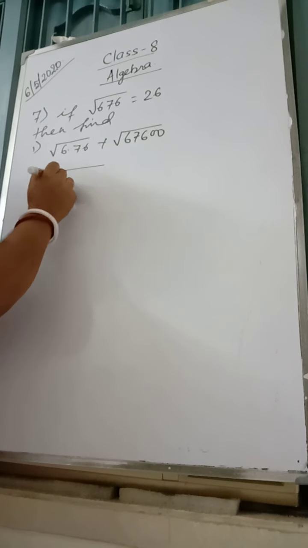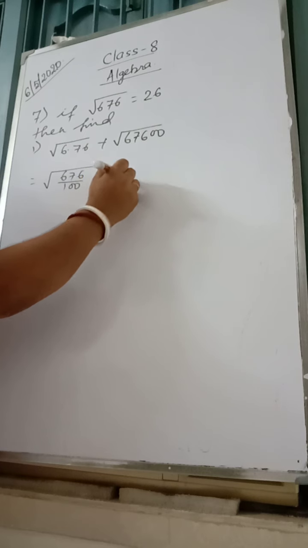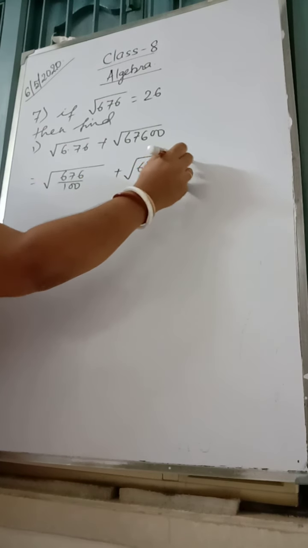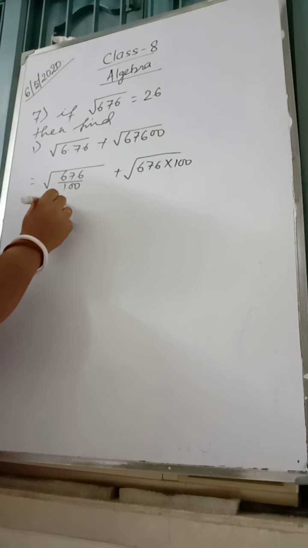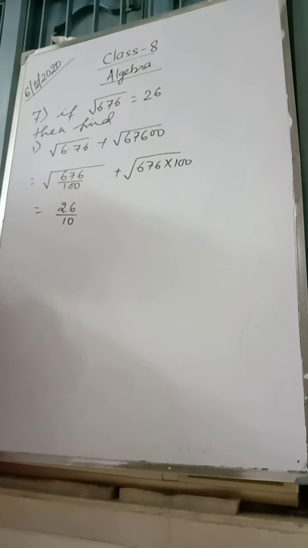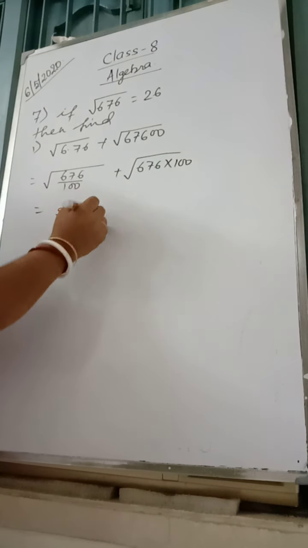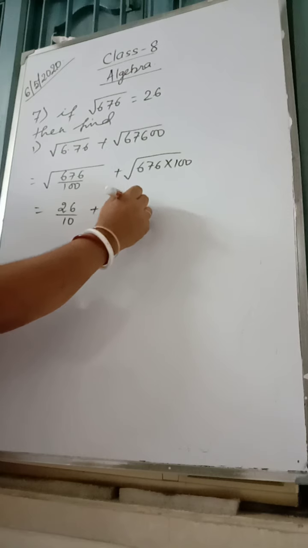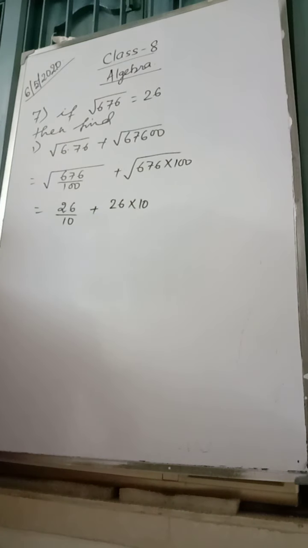We can write it as 676 by 100 plus 676 into 100. Now the square root of 676 is 26 and the square root of 100 is 10, is it? Plus the square root of 676 is 26 and under root 100 square is 10.